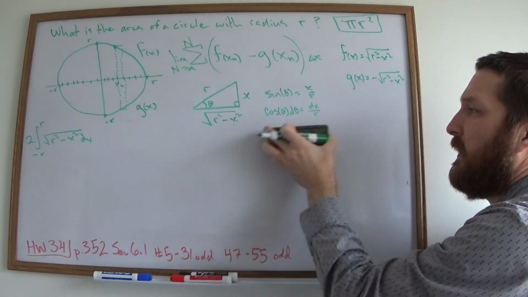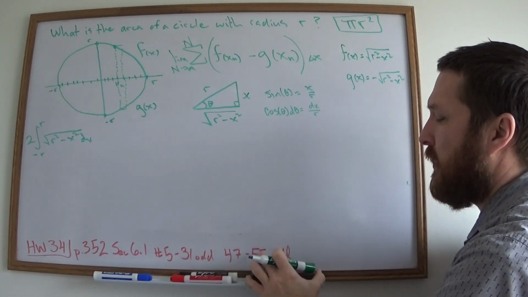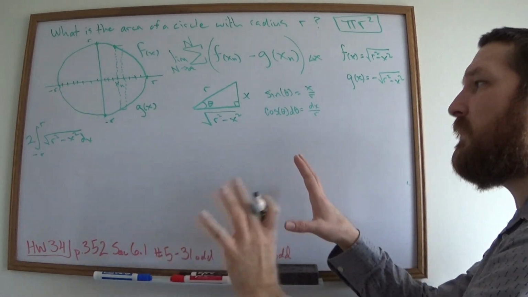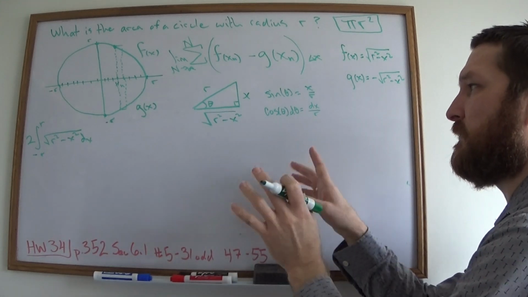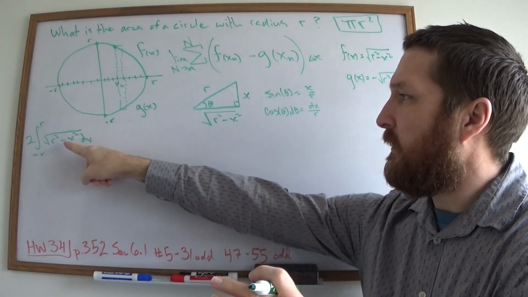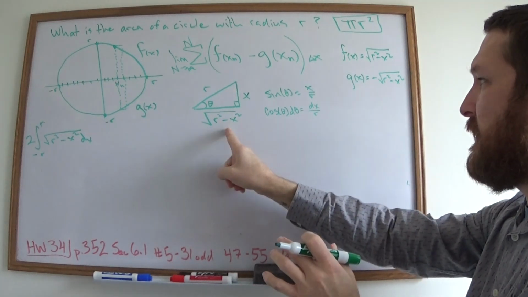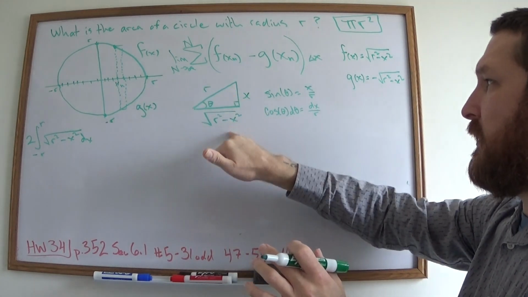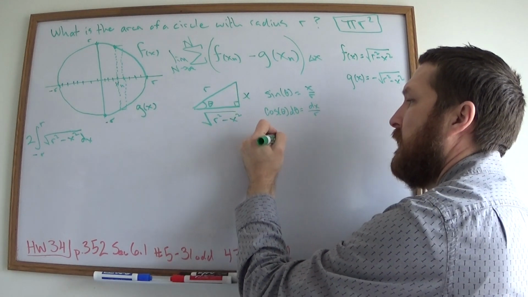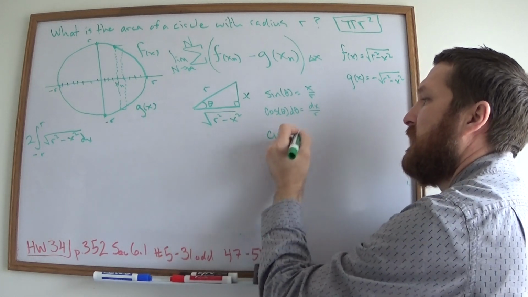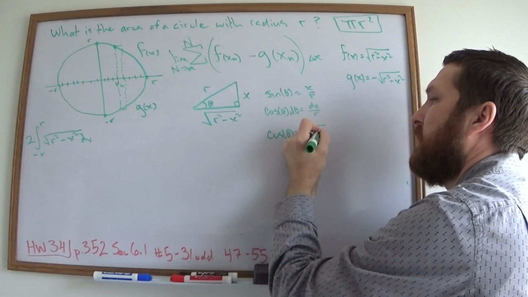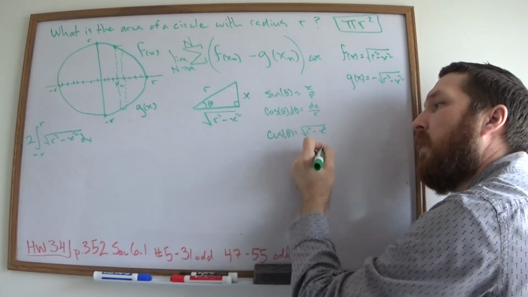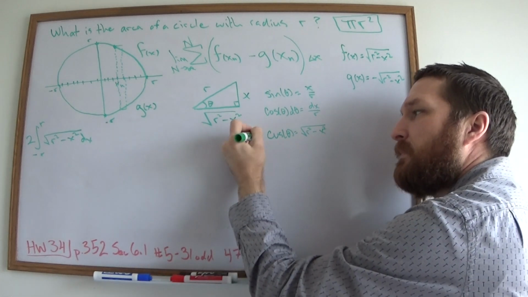Alright, so a few different ways we could do this. I like to just figure out that in terms of this, cosine theta gives me the root r squared minus x squared over r, or I could bring the r upstairs over here.